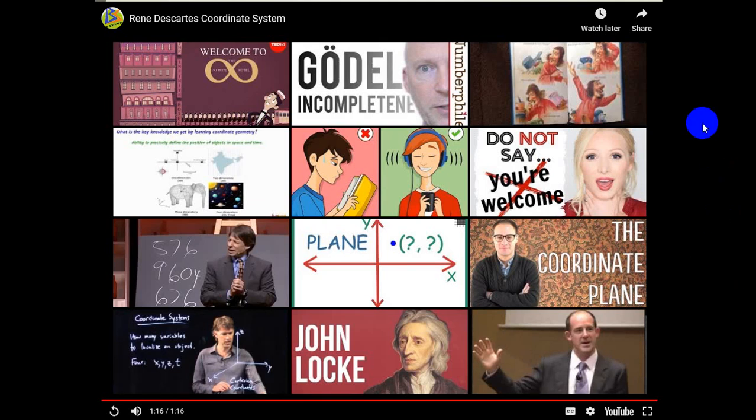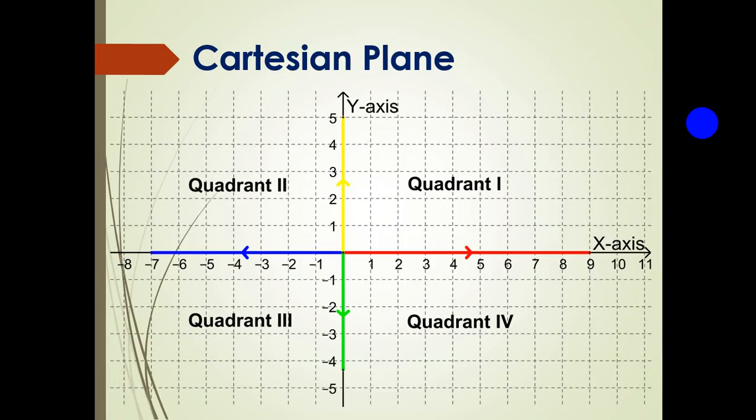Okay, that's the video of the history of the Cartesian plane, and this is the little explanation. Take a look. In this Cartesian plane, the horizontal line is called the x-axis, and the vertical line is called the y-axis, and both lines intersect perpendicularly at the origin point.